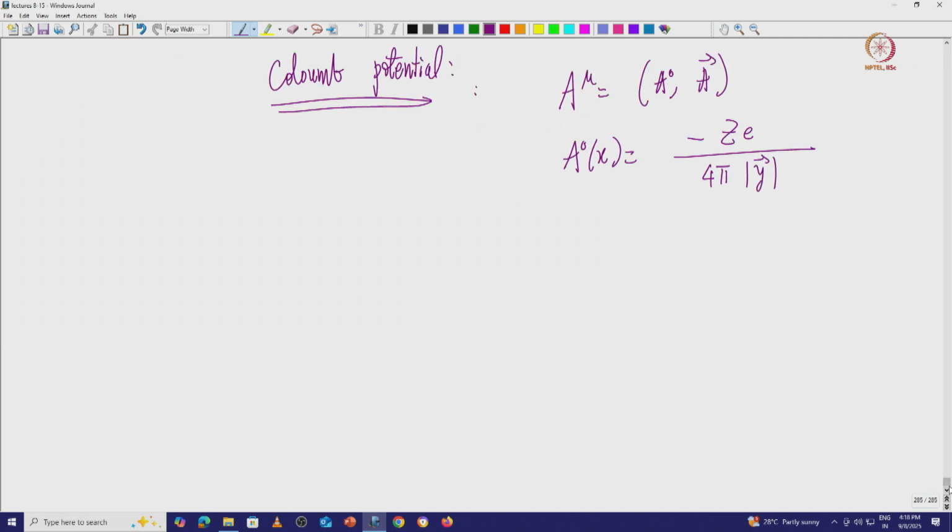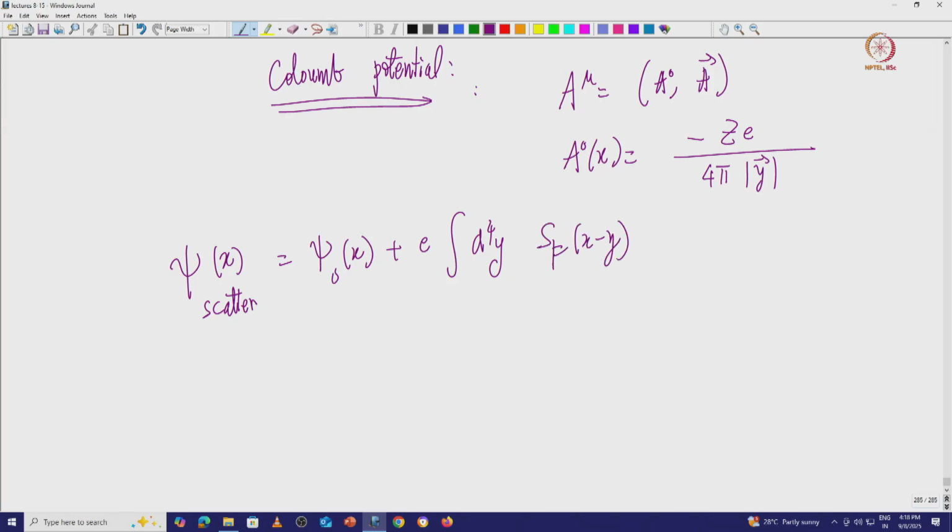So we can write the scattered wave in this fashion: psi of x scattered is equal to psi 0 at first order. Essentially we will come to higher orders: integral d^4y S_F(x minus y) A-slash(y) psi 0(y), for first order.